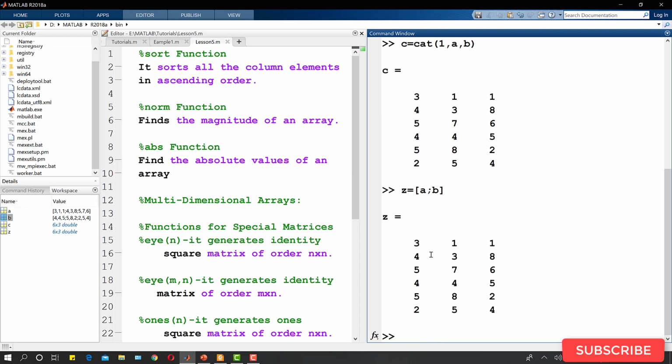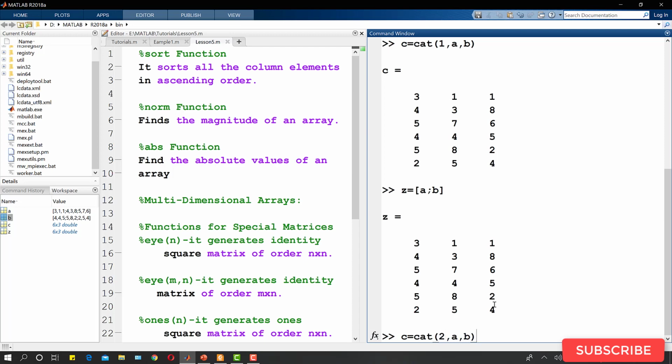We learned this in the previous lessons, that if I want to add the B matrix to the A matrix, one above the other, I will write A and then semicolon and then B, and if I write cat(1, A, B), these two will have the same result. Now let's suppose I write cat and instead of 1 I write 2.